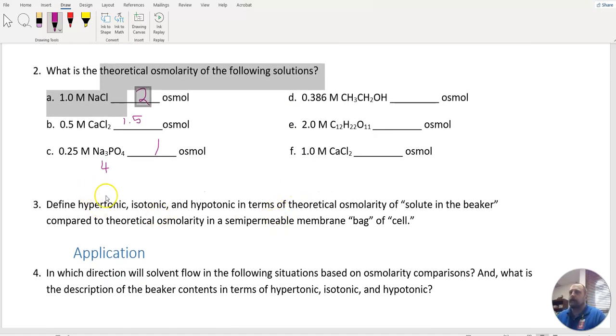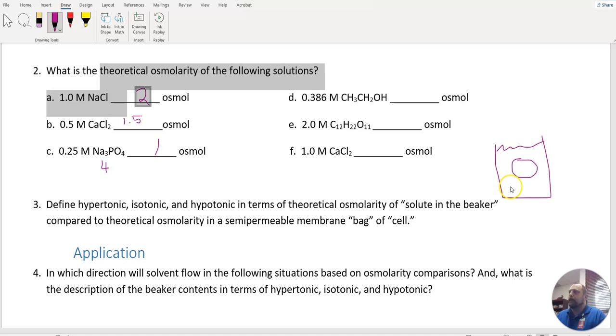Hypertonic means the solution is more concentrated. It has a higher osmolarity than inside my container or bag or cell. And so when we're looking at this, we're always looking at whatever is on the outside.